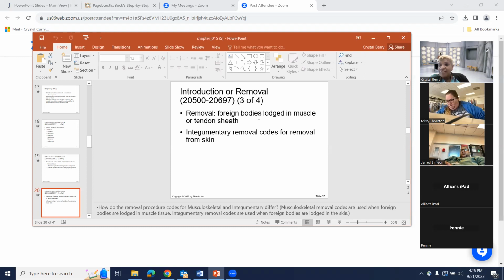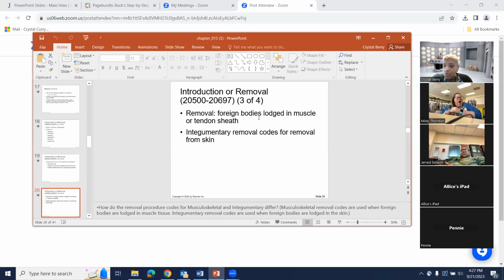So it keeps stressing the difference because a lot of people get confused and want to code from the integumentary system because, you know, it's underneath, subcutaneous, but that is skin. And that can be the outer layer, not going into the muscle. How do the removal procedure codes for musculoskeletal and integumentary differ?